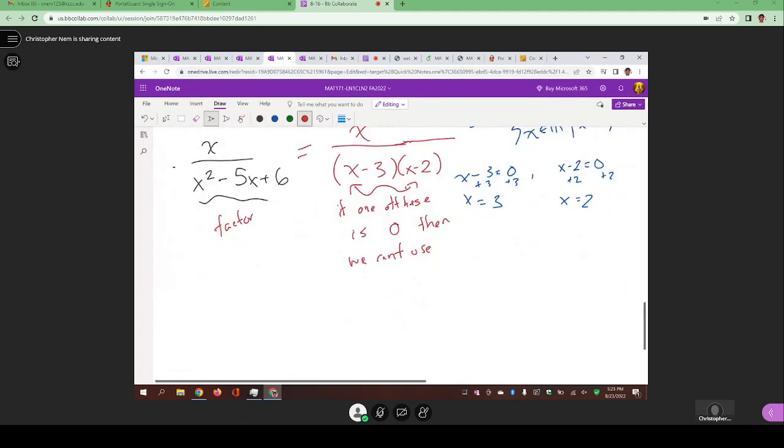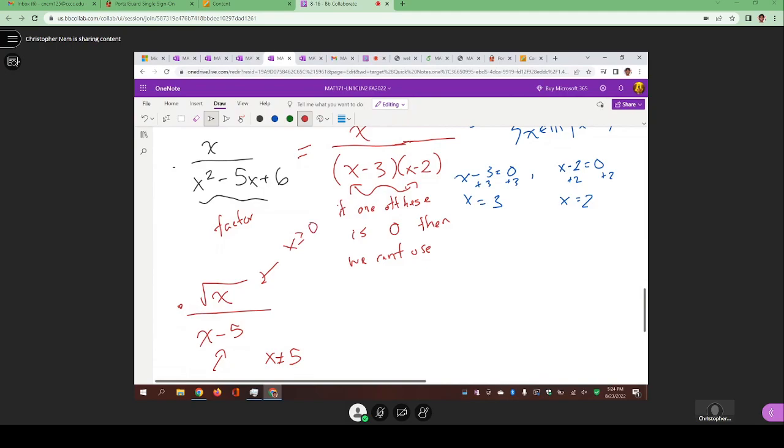Let's take the square root of x over x minus 5. Well, I know in this piece right here, I cannot have x equals 5 because 5 minus 5 gives me 0. And in this piece right here, I can only have positive values, so x has to be bigger than or equal to 0.